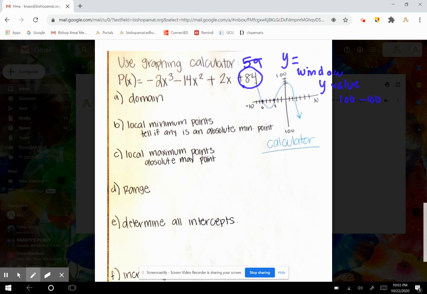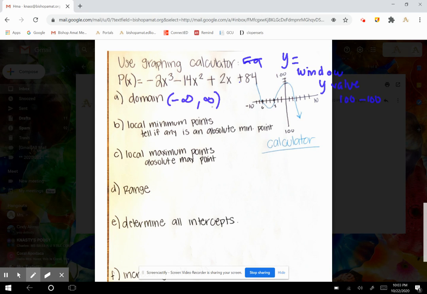Depending on where that very last term, your C term, is, you can adjust your window range. Okay. Domain. If I look at my domain, first off, I can see that it's an odd graph. So if it's an odd graph, I know that my domain is going to be negative infinity to positive infinity.